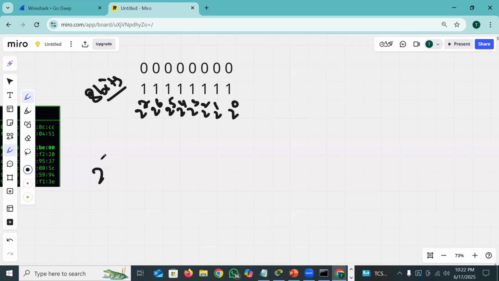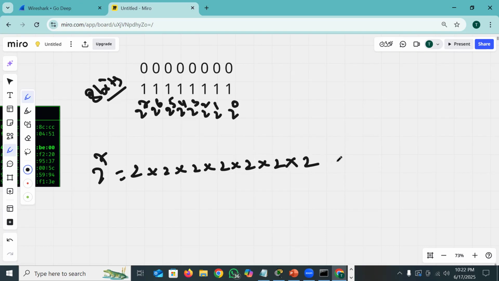Now, 2 to the power of 7 means 2 multiplied 7 times. 2 times 2 is 4, 4 times 2 is 8, 8 times 2 is 16, 16 times 2 is 32, 32 times 2 is 64, 64 times 2 is 128.